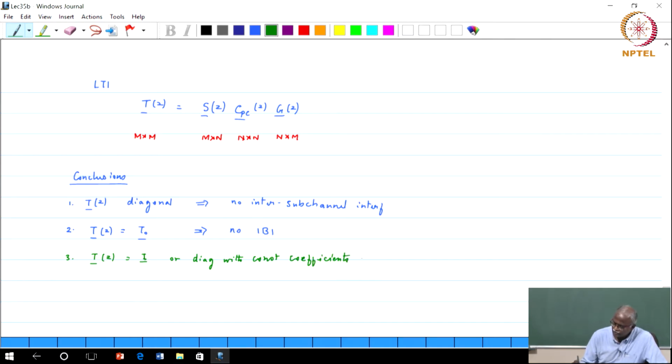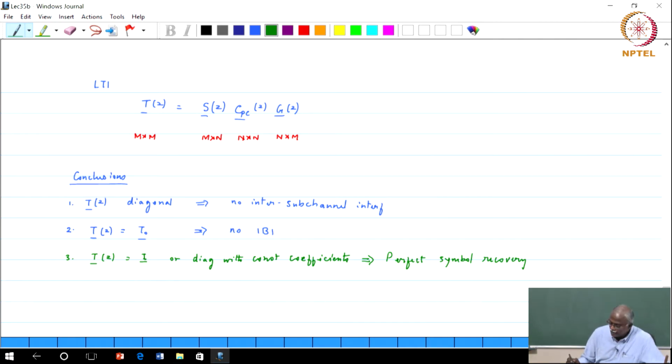Ideally we would like to design our system to get perfect symbol recovery, or at least try to see how we design our system such that we can achieve a performance close to a perfect symbol recovery system. So, that is a very important outcome of our study and of our discussions.